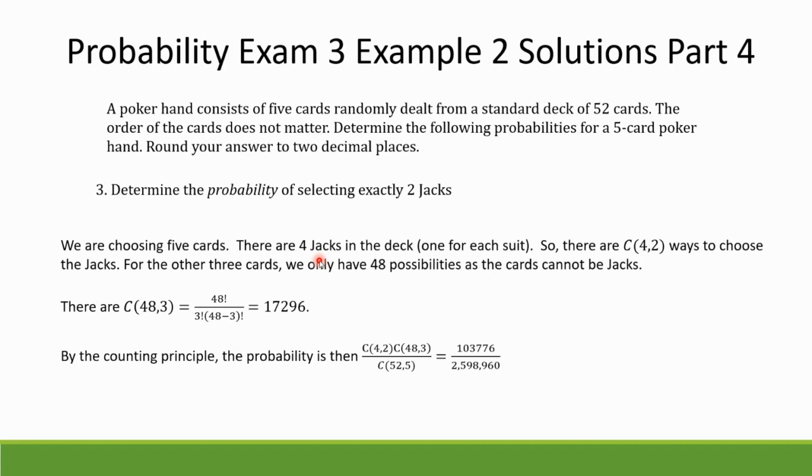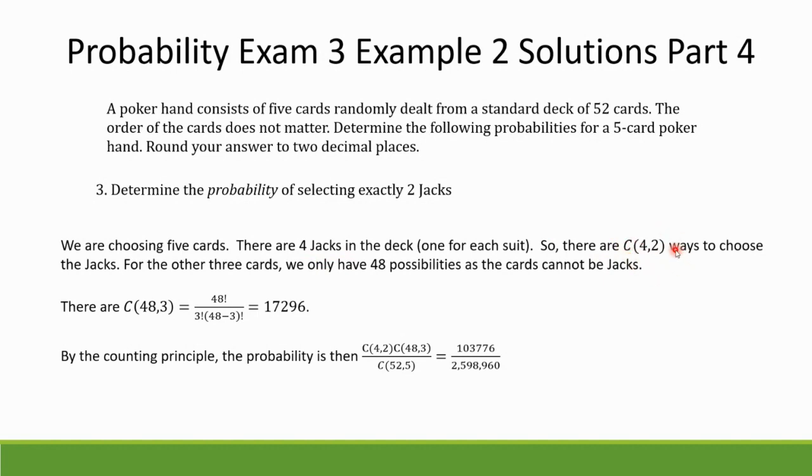Again, we don't care about order, and it's without replacement. So we have C of 4, comma 2. That's how many ways we can get 2 out of the 4 jacks.